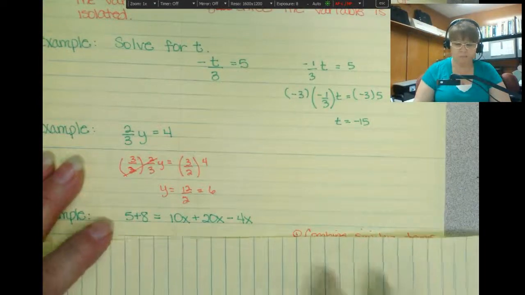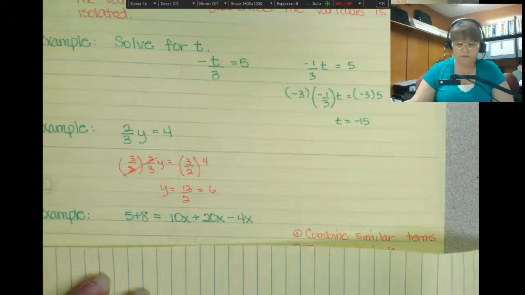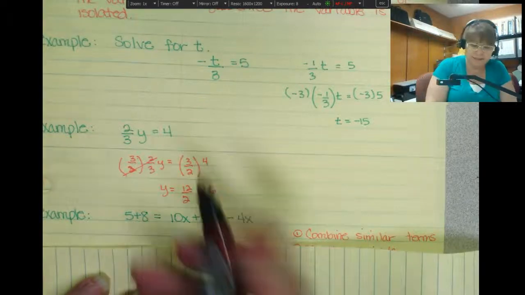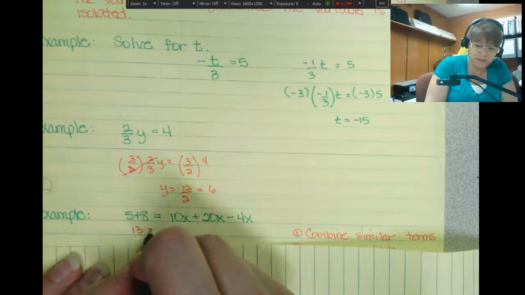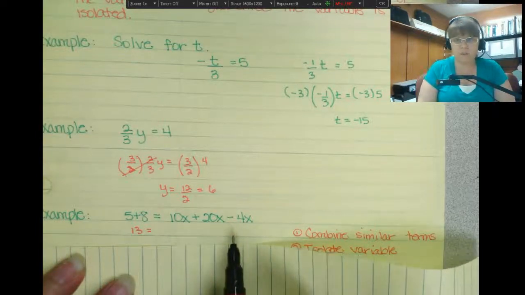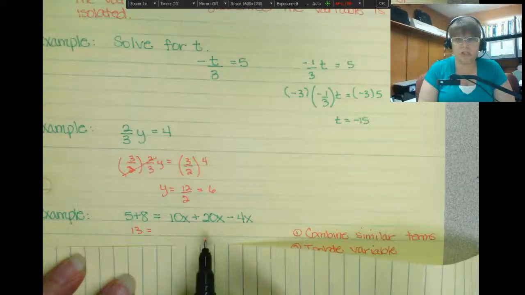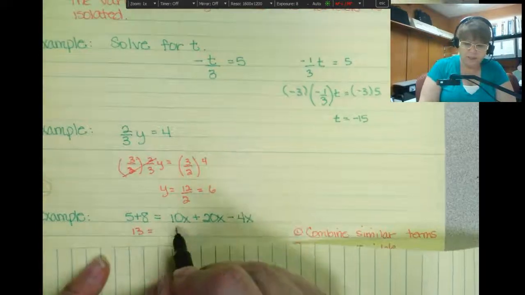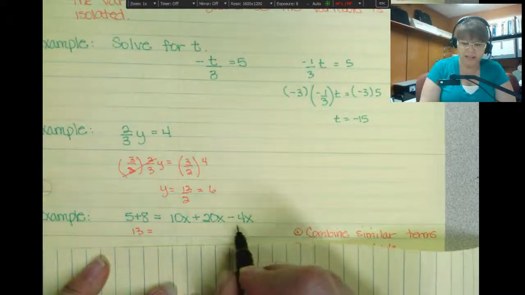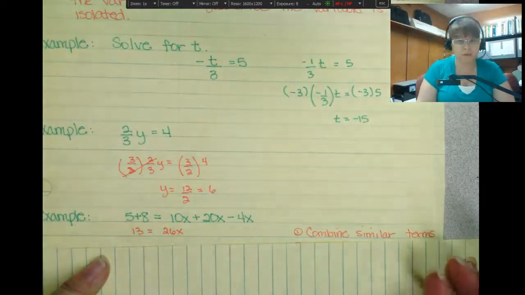Let's try another problem. Now, this is a little bit more complex, but we're going to combine similar terms first. So 5 plus 8 is 13, and we have 10x plus 20x minus 4x. They all have x in common, so they're all like terms. So I have 10x plus 20x is 30x, minus 4x is 26x, and it's positive.